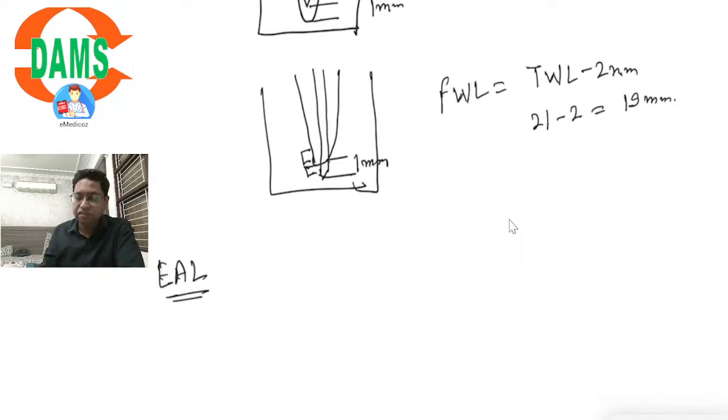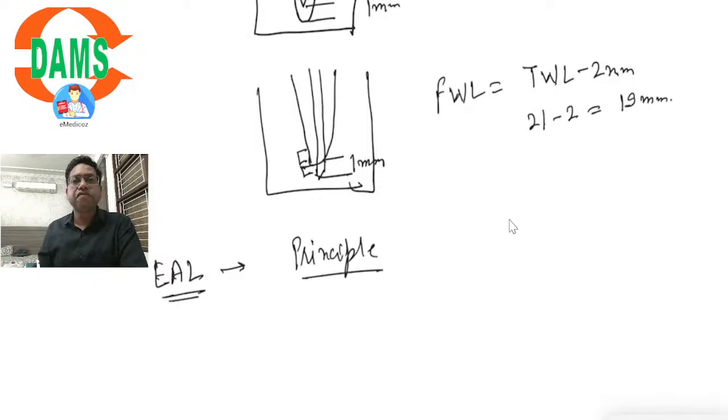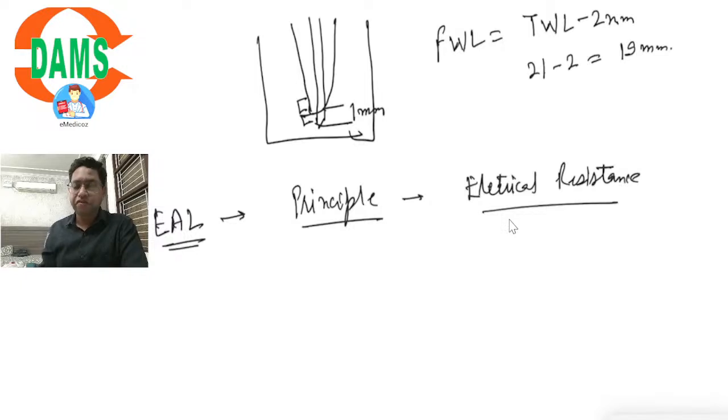Electronic apex locators are the principal non-radiographic methods, and they are based on a principle. What is the working principle of an electronic apex locator? It is the electrical resistance between two structures: the oral mucosa and the PDL.